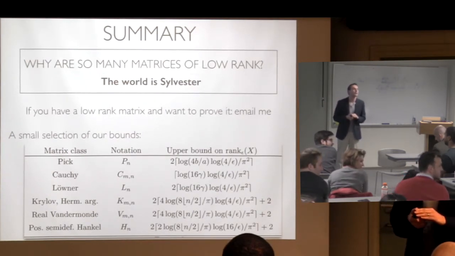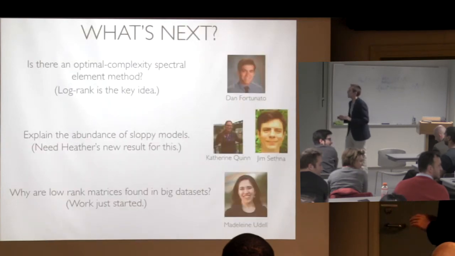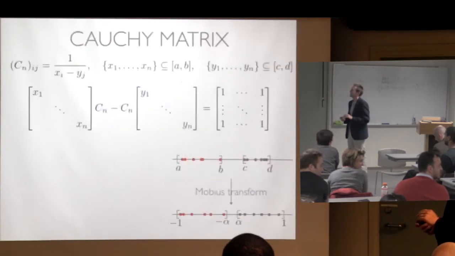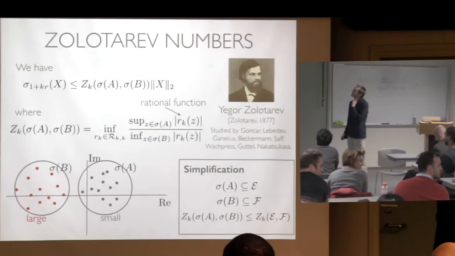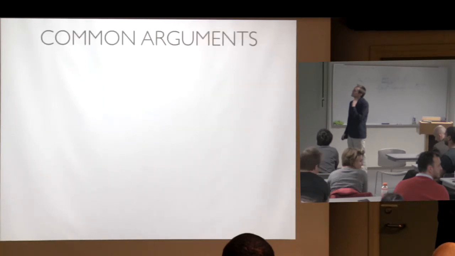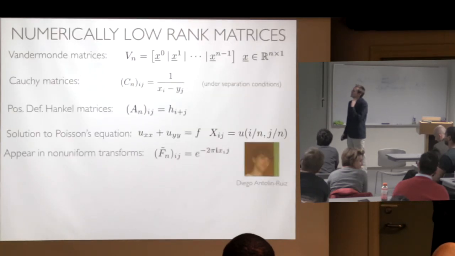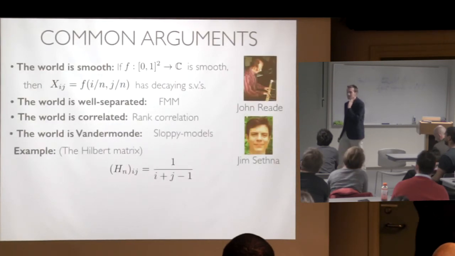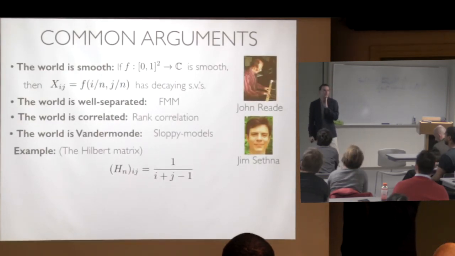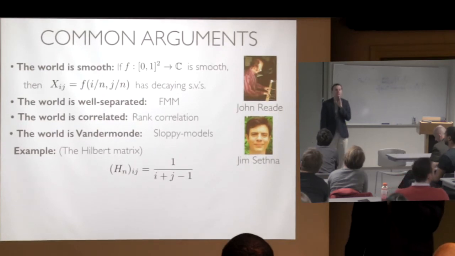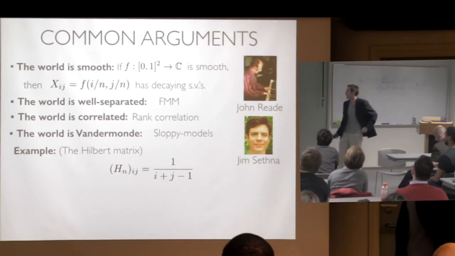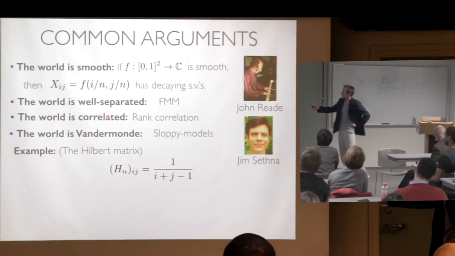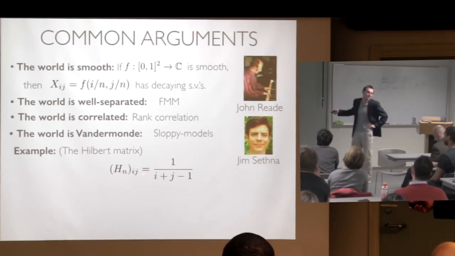On the slide where you presented other people's answers, like the world is Vandermonde or the world is sloppy, it seems like many of those got folded in as special cases of your Sylvester explanation. But the smoothness one, does that arise as a special case of your Sylvester equation explanation? No, that's much harder to characterize in terms of Sylvester equations. The others definitely translate into Sylvester.